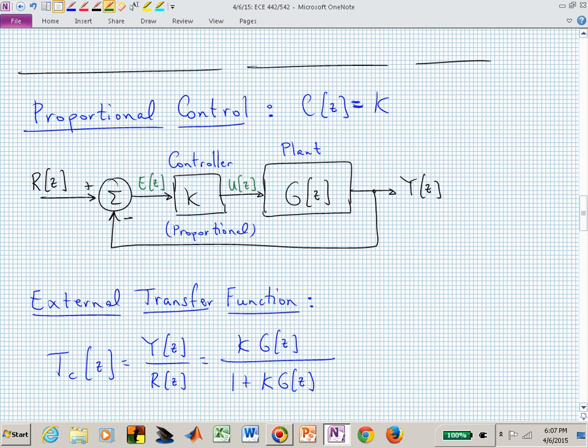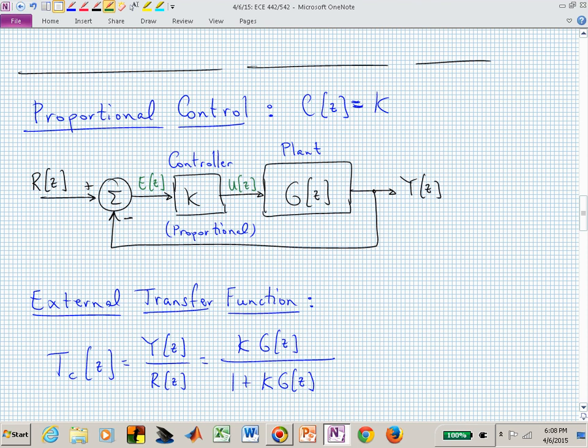Just like you season your food, you get it just right with the seasoning. You want to design your controller with the appropriate poles and zeros to get that just right. And what do we mean by just right? It has the appropriate transient behavior and steady state accuracy. That's what just right means in this class.